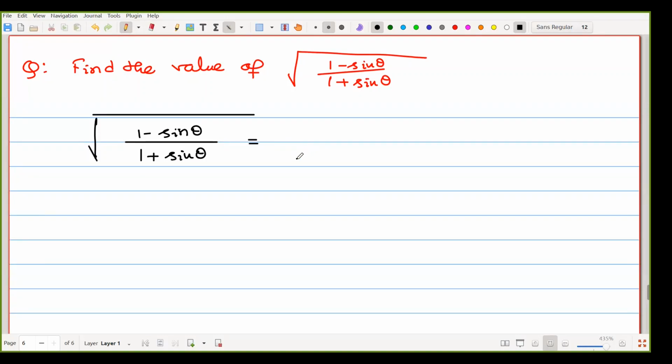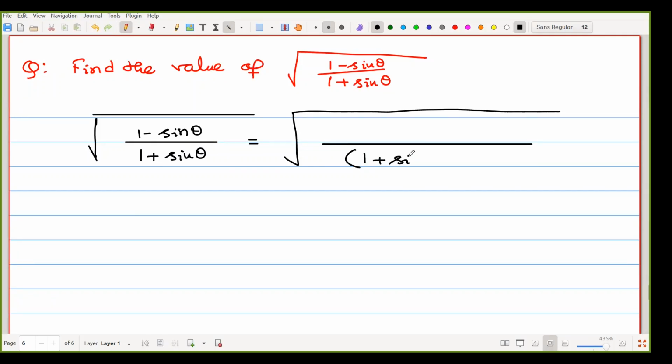That is what we are doing now. As the denominator has 1 plus sine theta, we multiply by another 1 minus sine theta. Now the numerator has 1 minus sine theta, so another 1 minus sine theta is there, as we have taken 1 minus sine theta in the denominator.